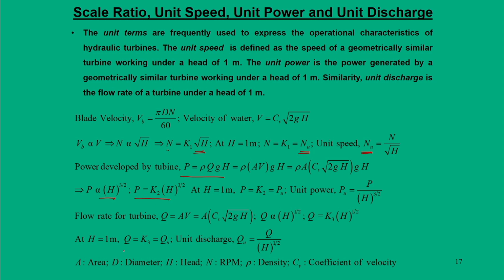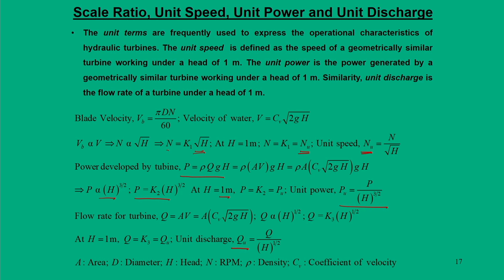So, P becomes K2 into H to the power 3 by 2. When H is equal to 1 meter, we define unit power Pu is equal to P divided by H to the power 3 by 2. And in a similar way, we can find the unit discharge Qu is equal to Q by H to the power half.